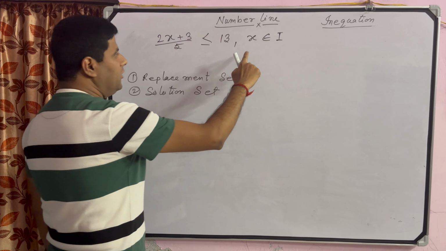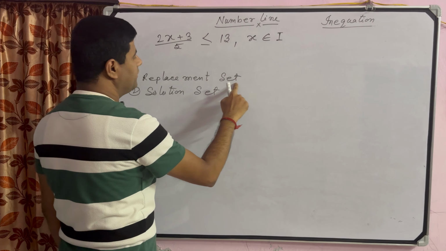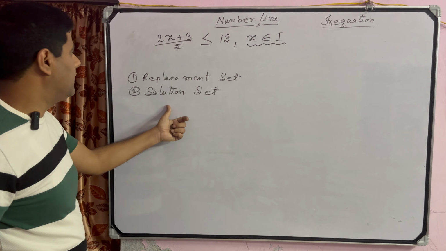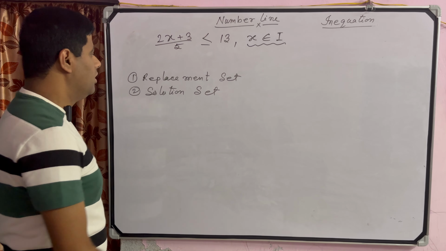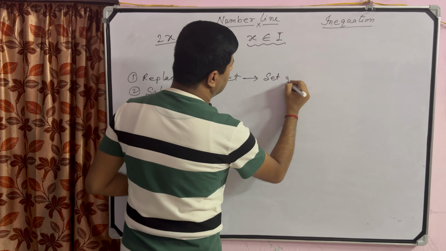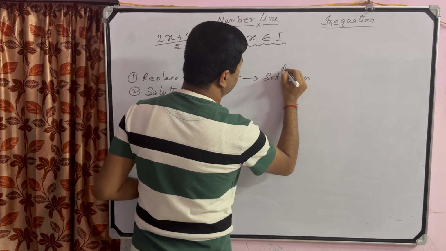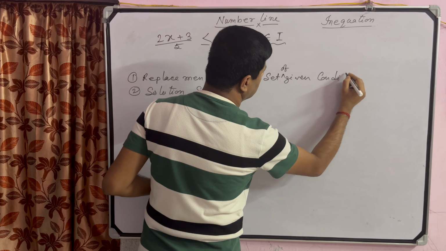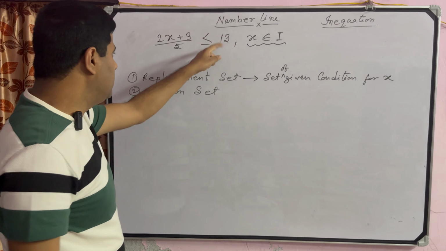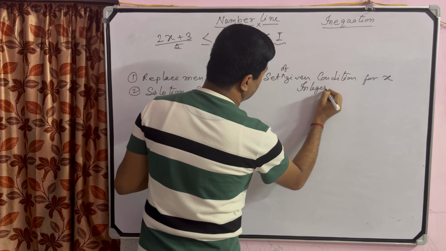So whatever the value of x is given, like this is the replacement set, because you have to find the answer from the replacement set. Whatever the answer will come, it should be there in the replacement set. So replacement set means the set which is given in the condition, the set of given condition for variable x. I mean to say in this case, all integers are the replacement set.